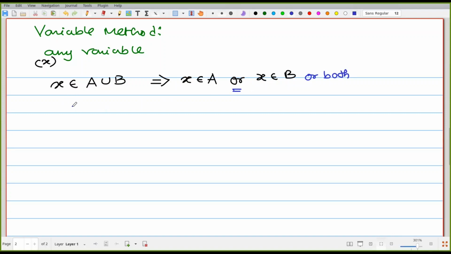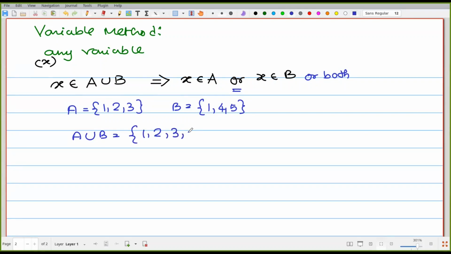Just a single example: A is equal to {1, 2, 3}, B is equal to {1, 4, 5}. After the union operation, we get A union B as {1, 2, 3, 4, 5}.